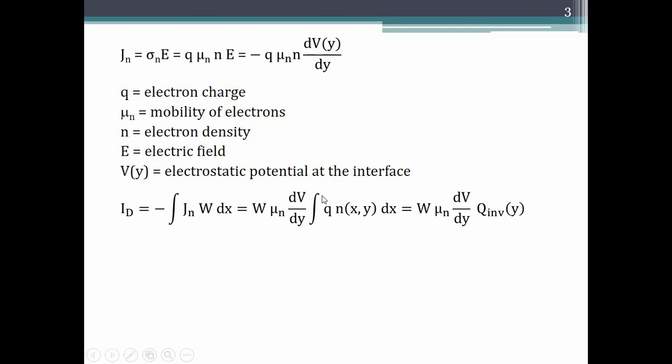And we keep the q inside, so this is the integral of q n dx. q n dx is actually nothing but the electron charge density multiplied by q, so that is the charge density integrated over the depth. So that is in fact the inversion layer charge at any y. Alright, so ID becomes W mu n dV/dy times Q inversion, the inversion layer charge.